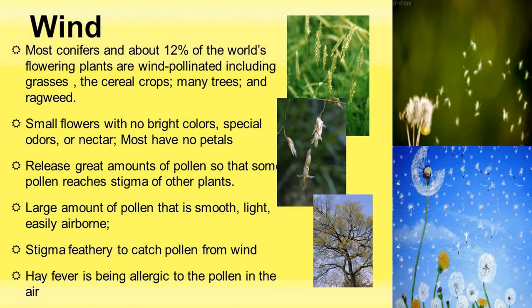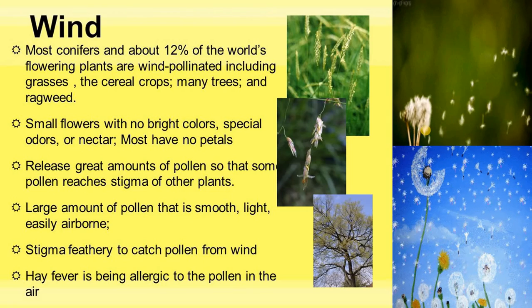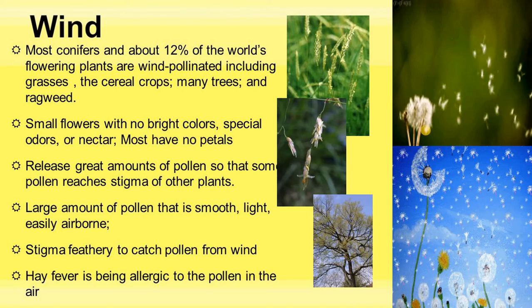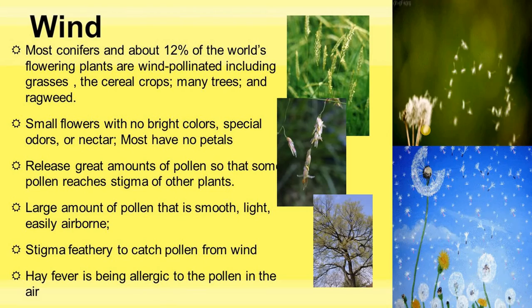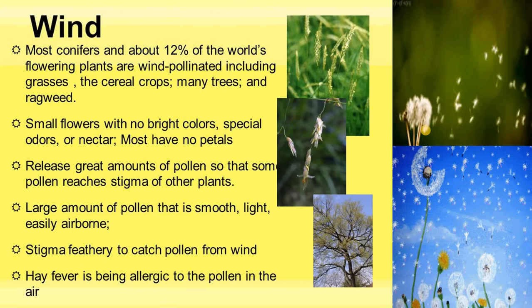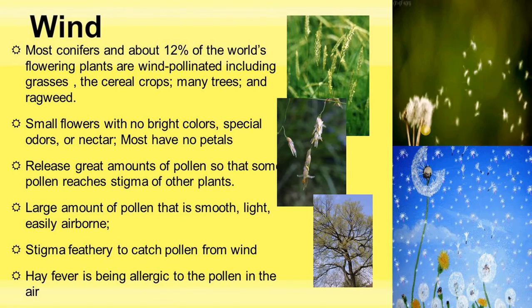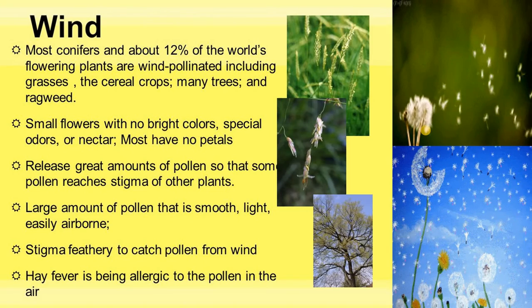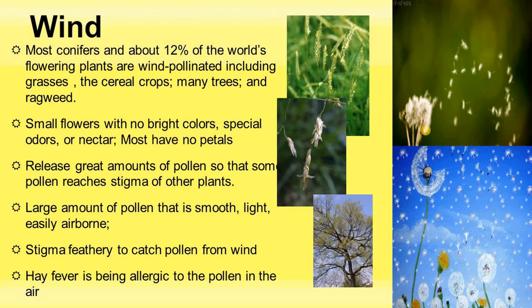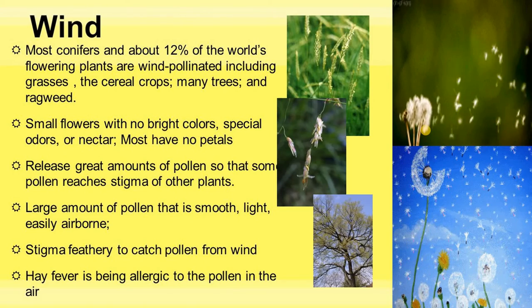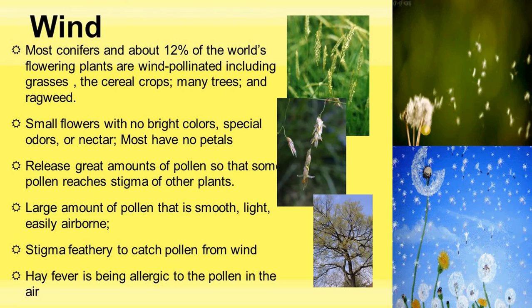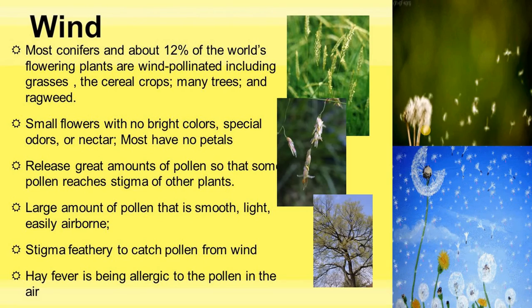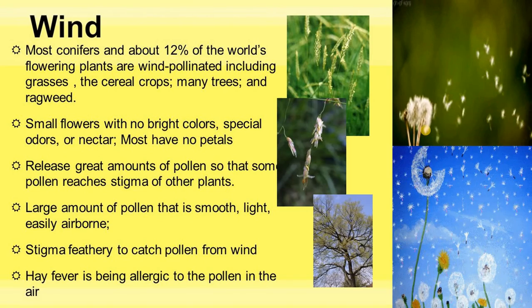Next comes the pollination by wind. Now the blowing wind carries pollen grains from one flower to another flower and helps in pollination. The wind pollinated flowers do not have large brightly colored and scented petals or nectar because they do not have to attract insects. Now what is the special characteristic of the wind pollinated flower?